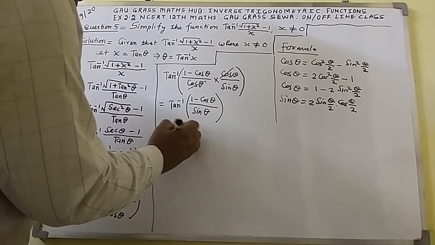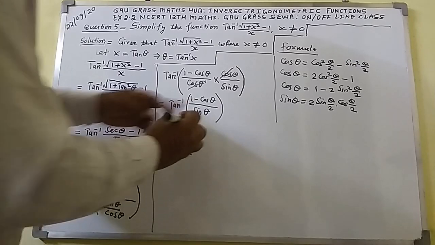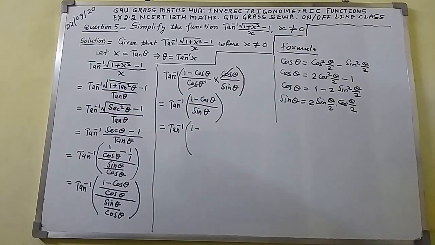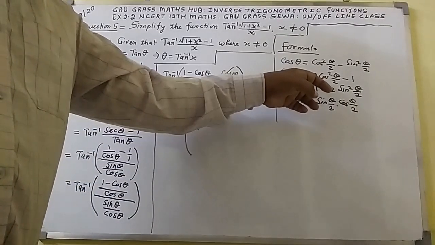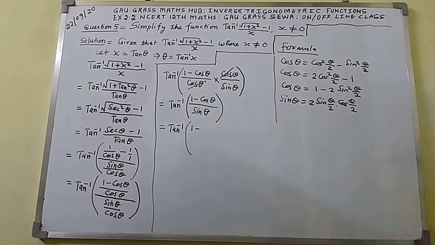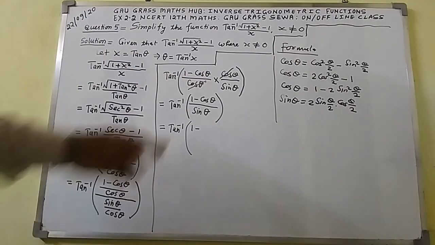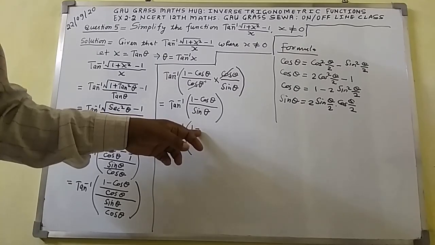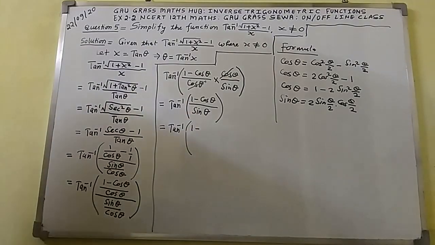Here I can write tan inverse. Here you can see 1 minus, and in place of cos theta I shall write this one. So that here 1 is there, so I have to get minus 1, so that plus 1 minus 1 will be cancelled out. It will be easier.